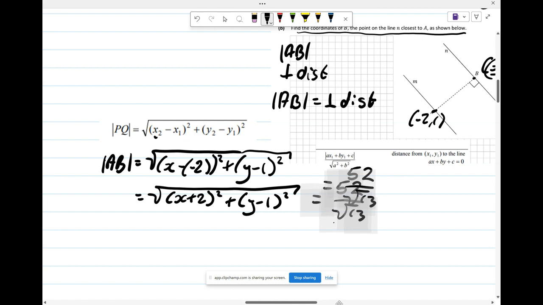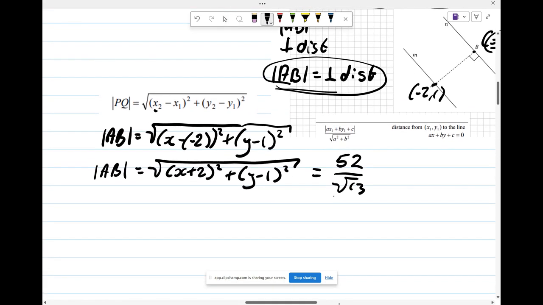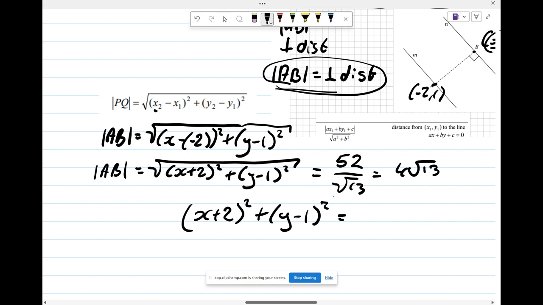And we can just let that equal straight away to 52 over 13 because we said AB was equal to this, and if AB is equal to the perpendicular distance, it's equal to this. This looks a bit ugly on the left-hand side, so let's get rid of the square root if we square both sides. So that's (x + 2) squared plus (y - 1) squared is equal to, if you plug this into your calculator, that's actually 4 root 13.